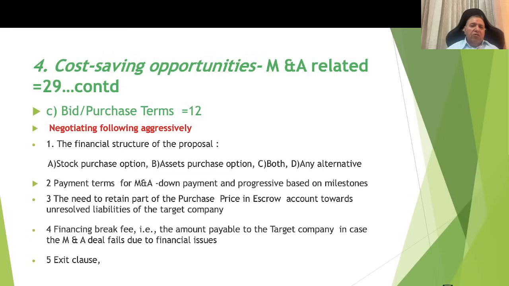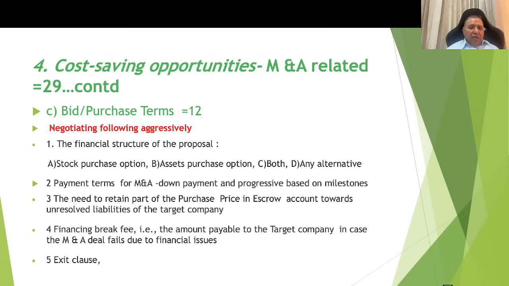Bid purchase terms, 12. There are 12 opportunities. One is negotiating the financial structure of the proposal, which may include stock purchase option or asset purchase option, or both, or any other alternative. Payment terms for M&A: down payment and progressive based on milestones. The need to retain part of the purchase price in an escrow account towards unresolved liabilities of the target company.